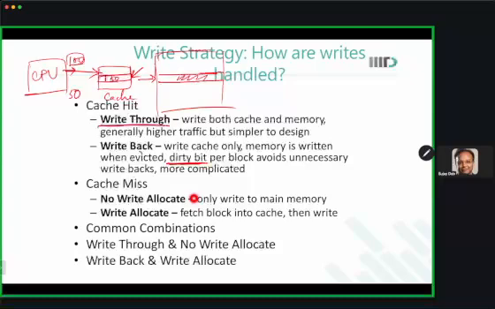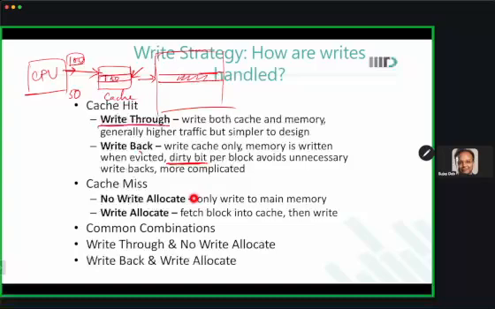The other option is write allocate. Write allocate says that you fetch that particular block from main memory, bring it to cache, and then update. There are advantages for write allocate because, since we have seen that there is a strong temporal locality, that means if you are updating something, it's very likely that you will use the data.